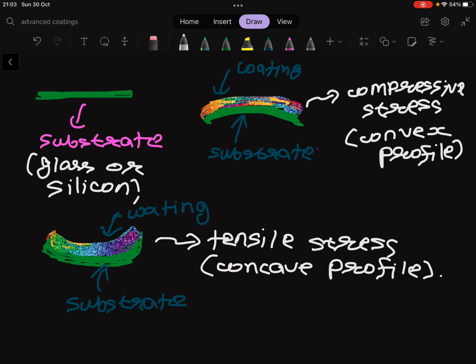So we can evaluate the nature of stress by just looking at the profile, whether it's a concave or convex shape, and we can measure the deflection by using profilometry.